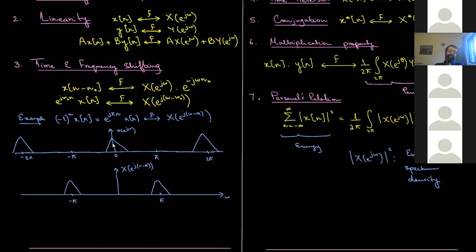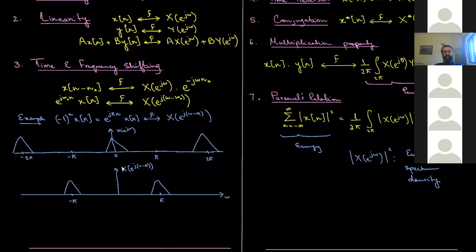That makes intuitive sense, because minus 1 raised to power n, remember, is a very fast signal and actually the highest oscillation that you could have in discrete time. It's here, then all of a sudden it's negative, then all of a sudden it's positive, then negative. You multiply with the signal, and the effect is frequency shifting.